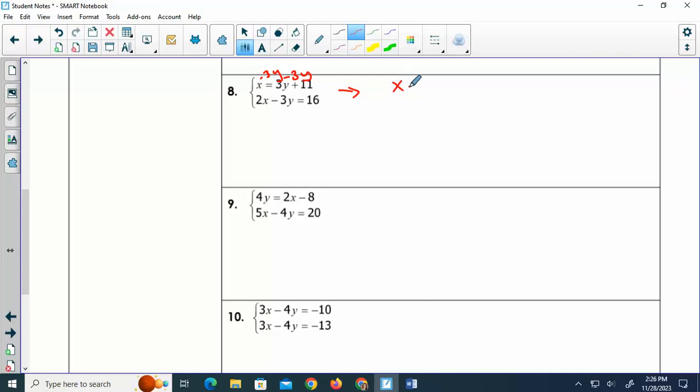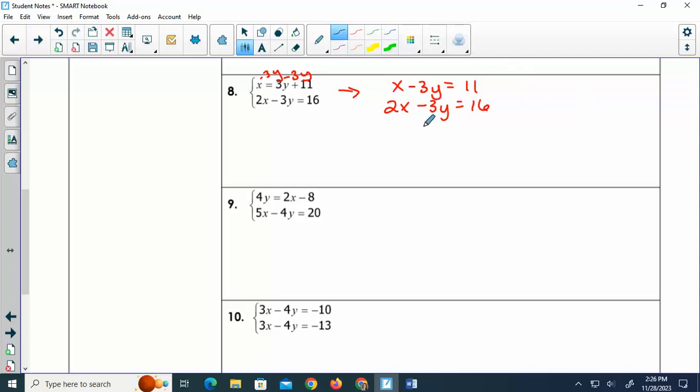So then I have x minus 3y equals 11, and 2x minus 3y equals 16. Do things cancel if I just add them together right now? No. So what do we do?